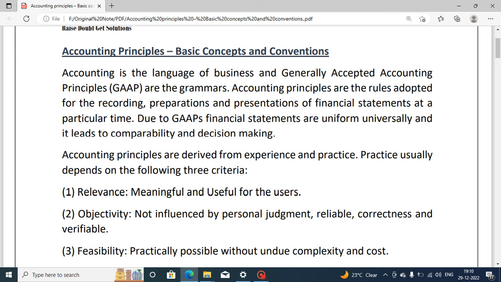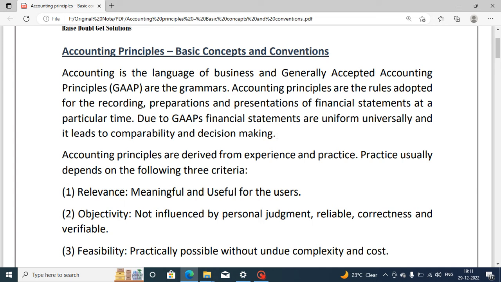If a statement is not comparable to a similar company, or with our past year performance, then the users of accounts, or the stakeholders, cannot take their decisions, because the statements will be useless or meaningless for them if they cannot compare the financial statements. So, to ensure comparability, we need uniform financial statements.